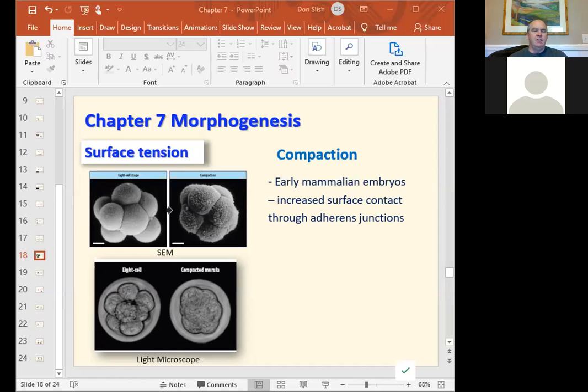That then causes the activation of the hippo pathway on the inside of the cell, again, chapter 5, first half. And that hippo pathway will downregulate CDX2 and upregulate OCT4. So on the inside, you get OCT4, and on the outside, you get CDX2, and that's your trophectoderm versus the embryo proper there.